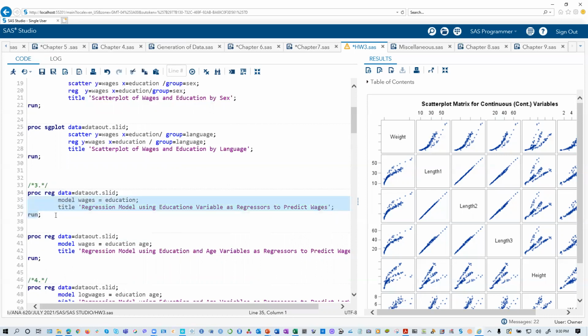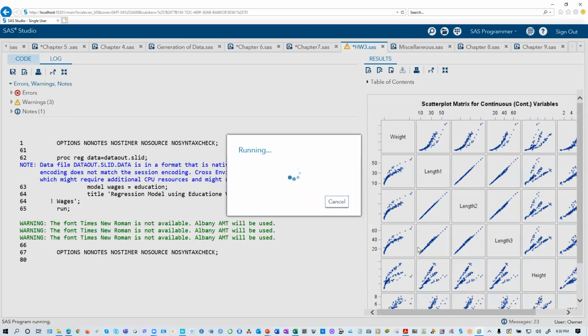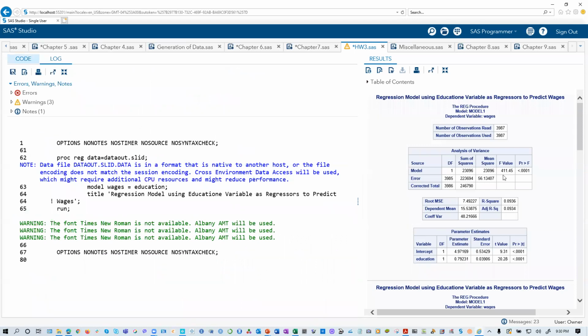In this case, if you run the regression, you can see R squared is 0.09, 9%.